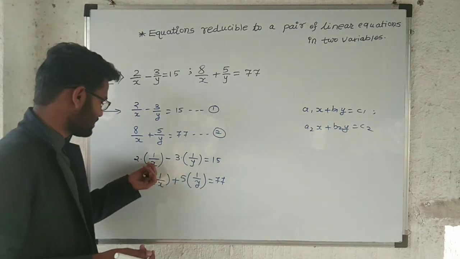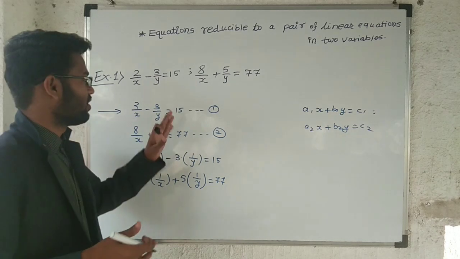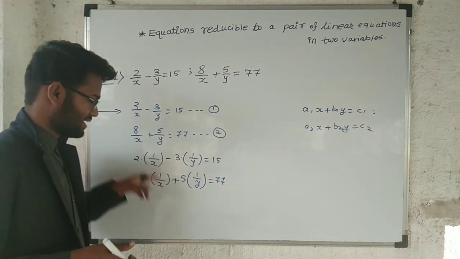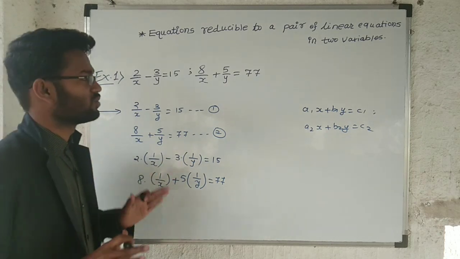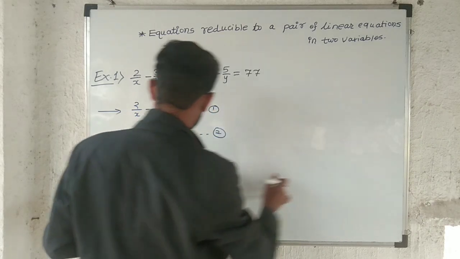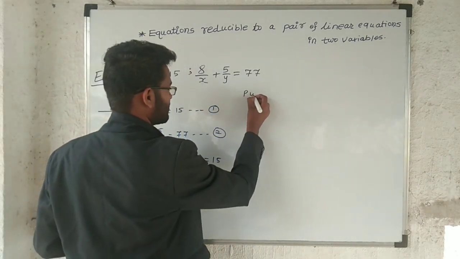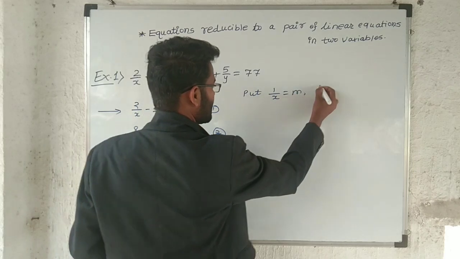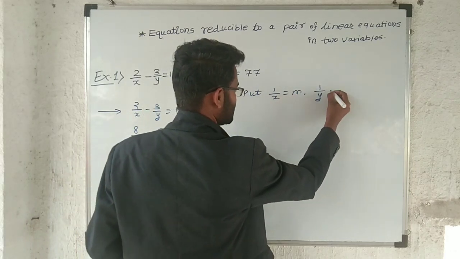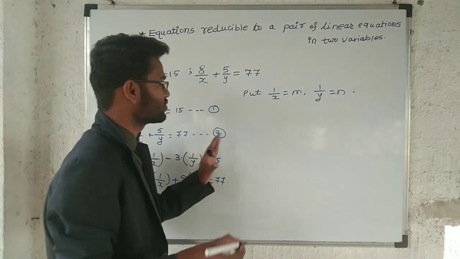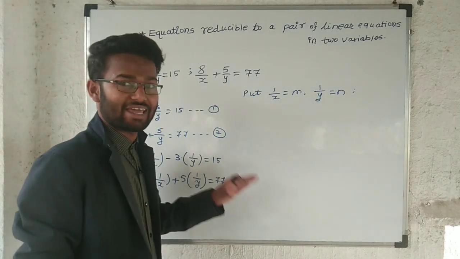Now we can put other variables, other than x and y, in terms of 1 upon x and 1 upon y. So put 1 upon x is equals to m and 1 upon y is equals to n. We are considering another two variables other than x and y.